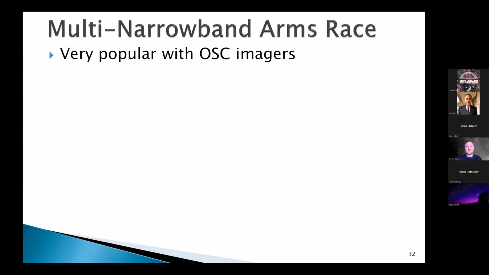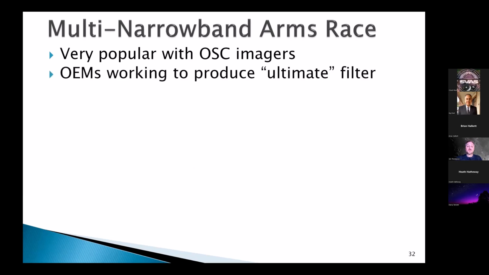These filters have become very popular with one-shot color imagers, and also with the electronically assisted astronomy crowd, which I'm a big member of. This has motivated filter OEMs to work on developing the ultimate filter.